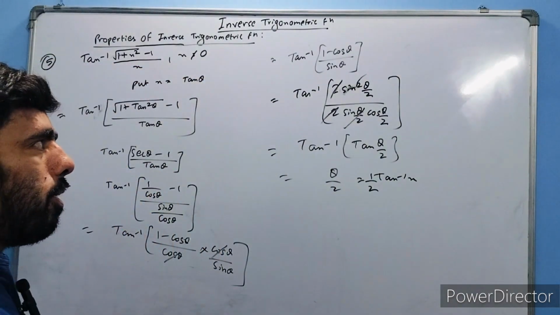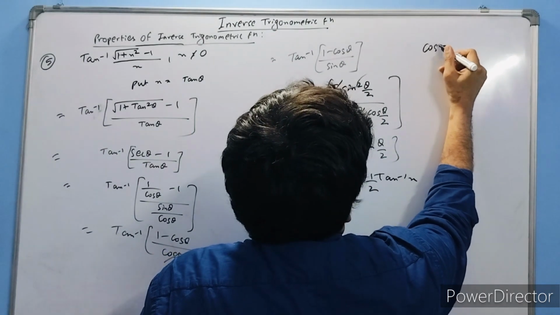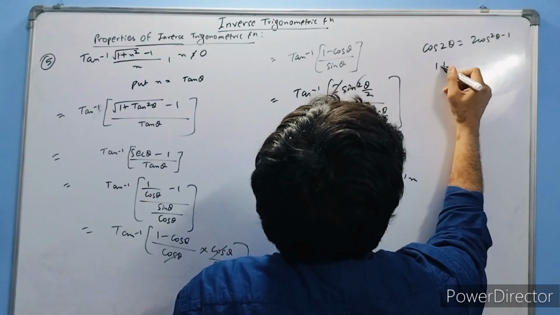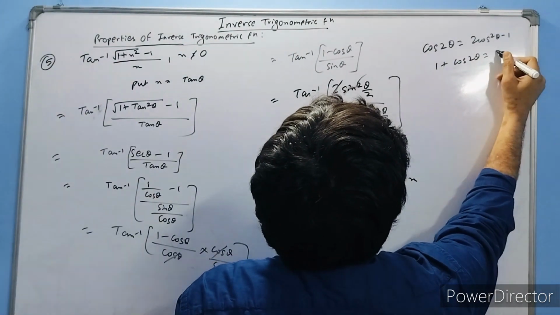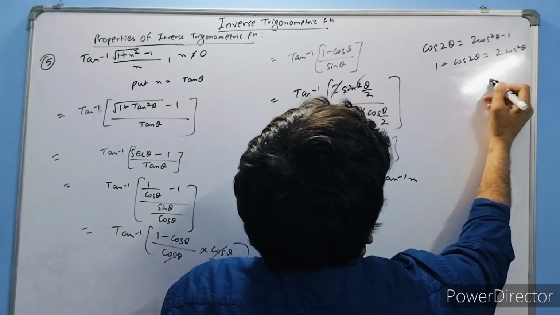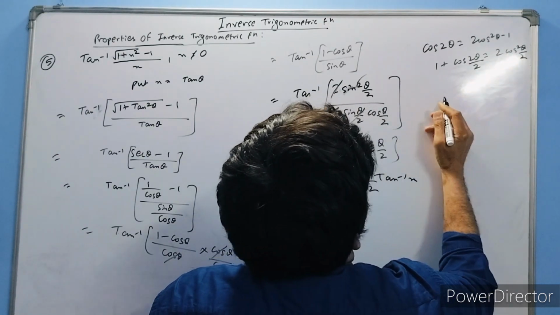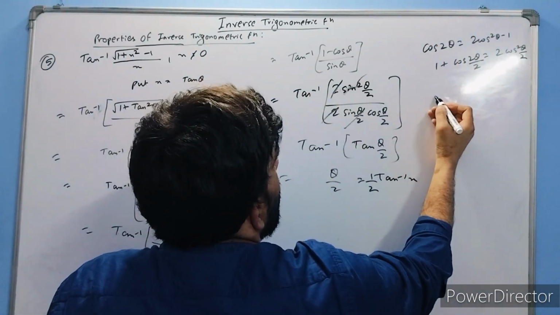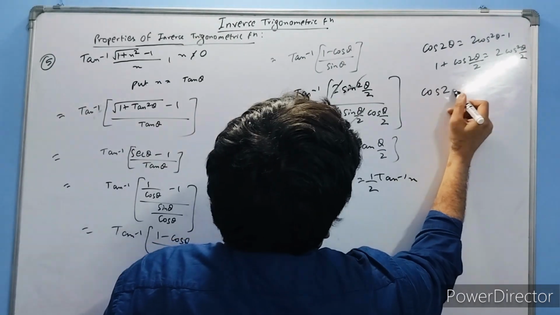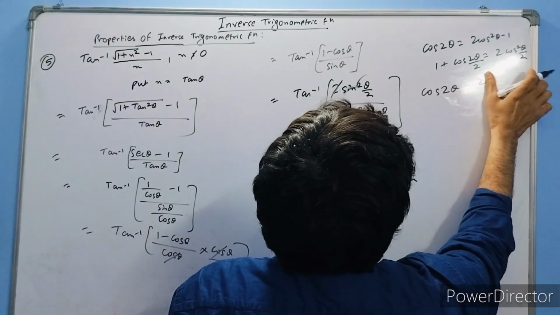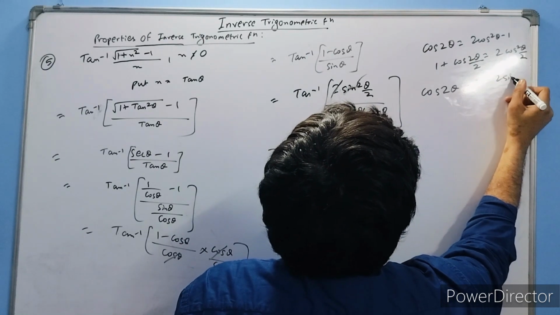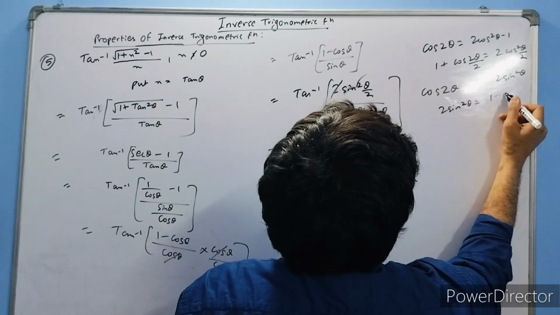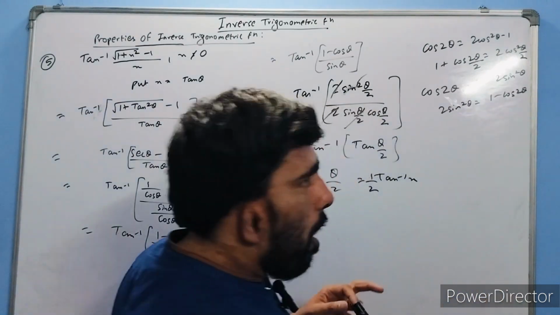What we have used here for 1 minus cos theta: we know cos 2 theta is equal to 2 cos square theta minus 1, or 1 plus cos 2 theta is equal to 2 cos square theta. We have used another formula, 1 minus cos 2 theta is equal to 2 sin square theta.